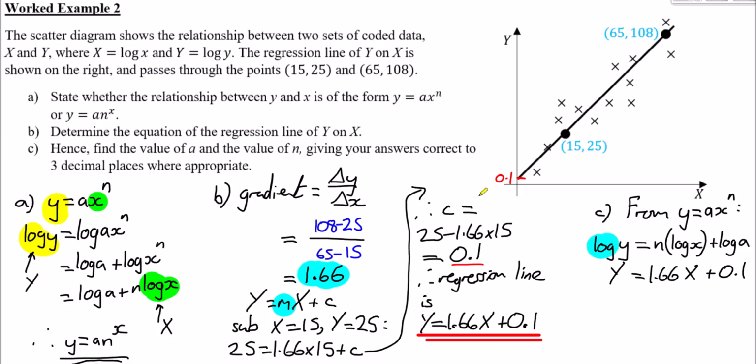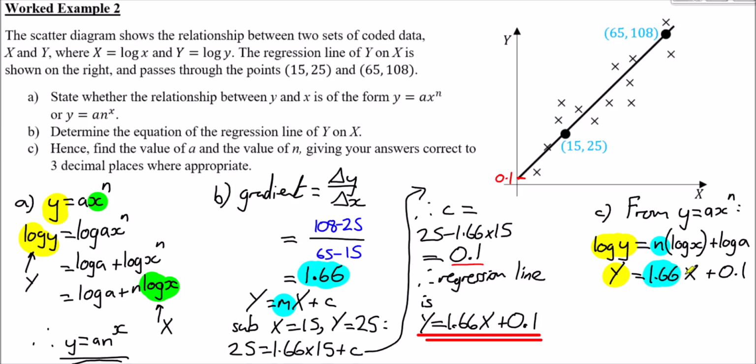So log of y relates to the big Y. n essentially is the gradient. So n, which is our m here, too many letters, I know, is 1.66.